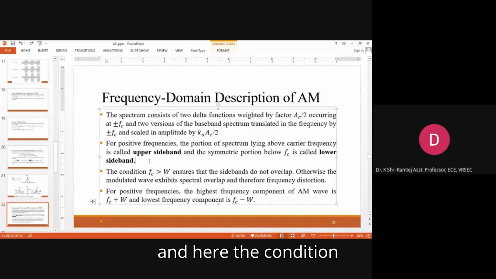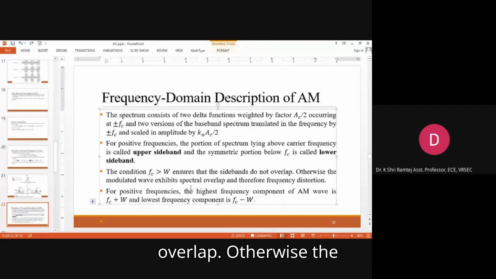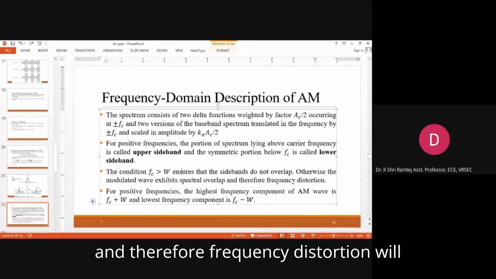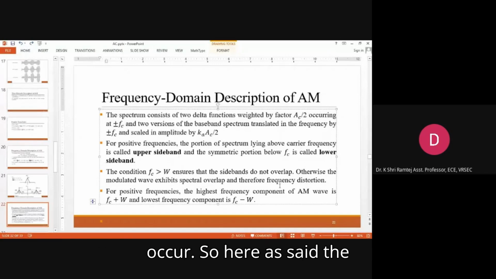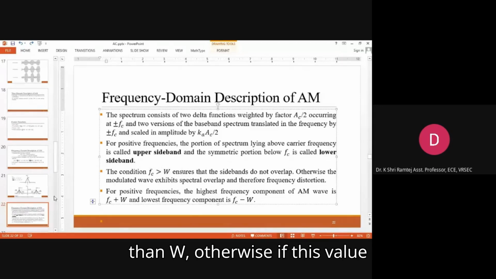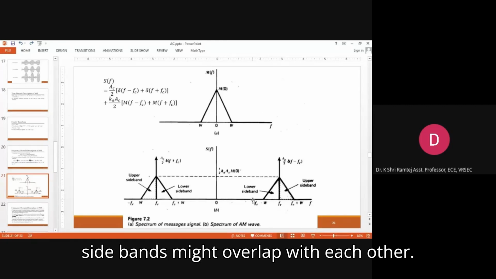And here the condition fc greater than W ensures that the sidebands do not overlap. Otherwise, the modulated wave exhibits spectral overlap, and therefore frequency distortion will occur. So here, as said, the frequency fc should always be greater than W. Otherwise, if fc is not greater than W, then these sidebands might overlap with each other.